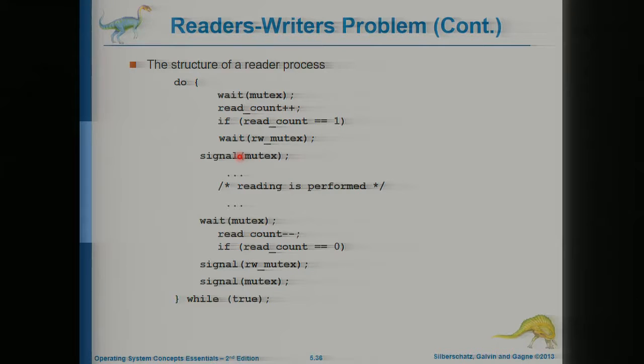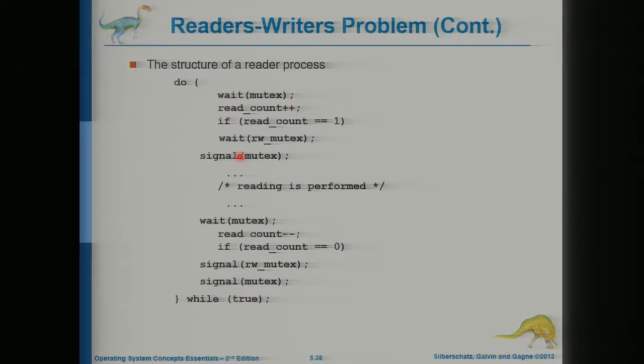Once it finishes reading, then it will wait for the mutex. If somebody else is manipulating the read count by incrementing or decrementing, it has to check for both. So wait for mutual exclusion. If it is available, then decrement the read count. So this process finished reading, so it will decrement the read count. If read count is equal to 0, that means no readers are present. This is the last reader.